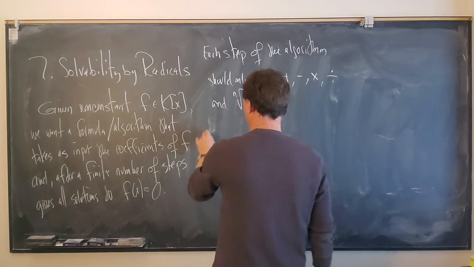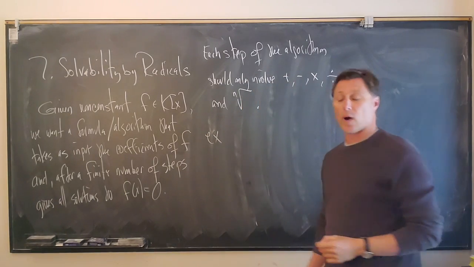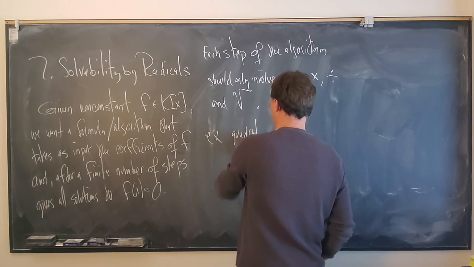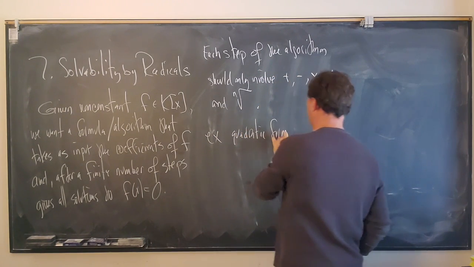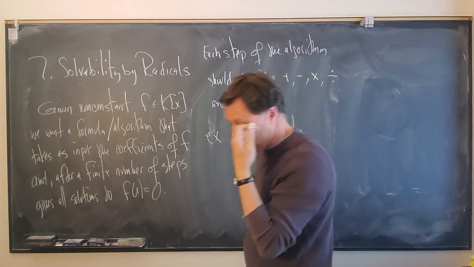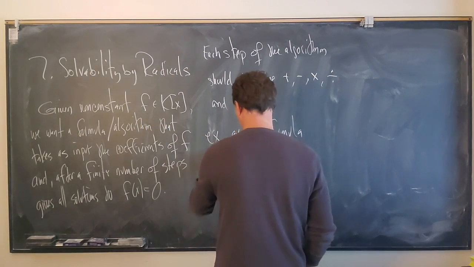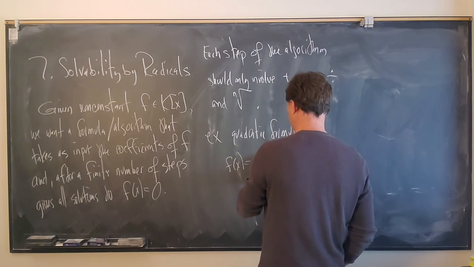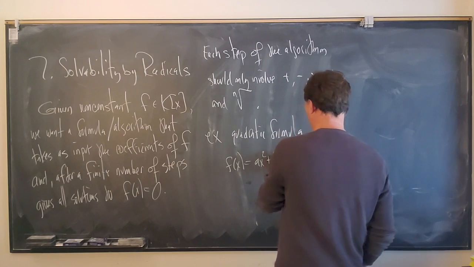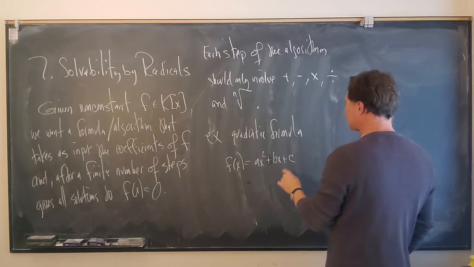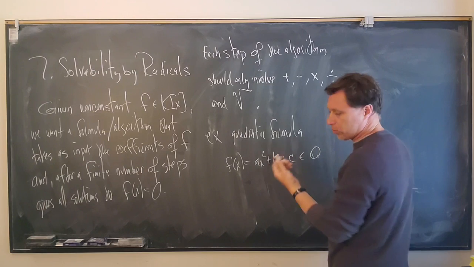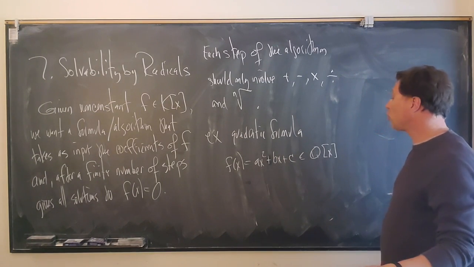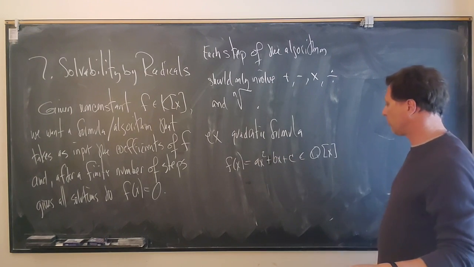And of course, the classical example is the quadratic formula. Here's your polynomial, f of x equals ax squared plus bx plus c. It could be real coefficients, but let's just say for now that we're viewing it in Q[x], so we have rational coefficients.